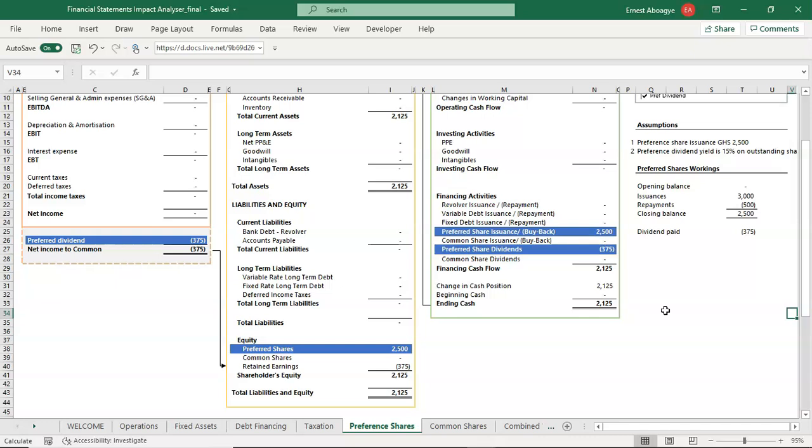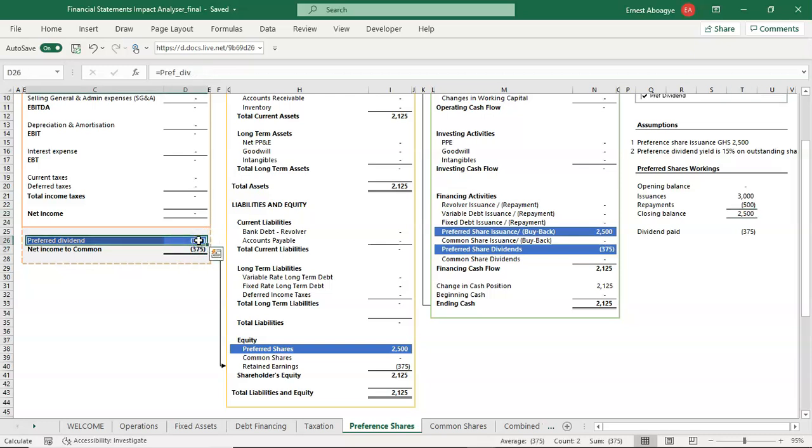So also with preferred shares, once it is issued, the dividend element on it is determined beforehand. Whether you make money or not, they don't care. You have a fixed yield beforehand. That is the same way as interest applies. So in our case, we have a preferred dividend yield of 15% on the outstanding balance, and that is why we charged it on the balance that we have.